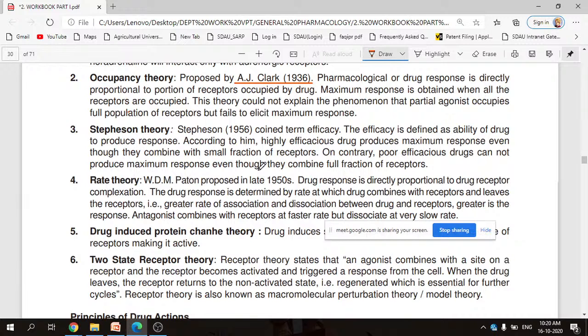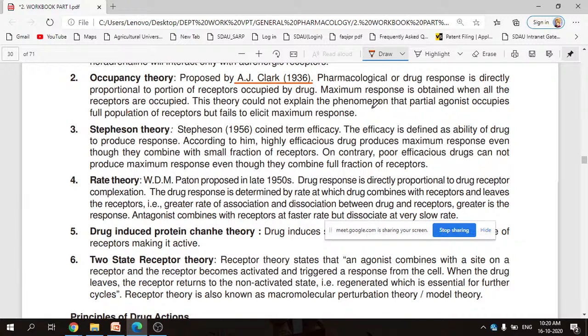That means if 100% of receptors are occupied, then the drug response is maximum. If 50% of receptors are occupied, then the drug response will be 50%. If 10% of receptors are occupied by the drug, the drug effect will be 10%. The number of receptors occupied by the drug is directly proportional to the response.